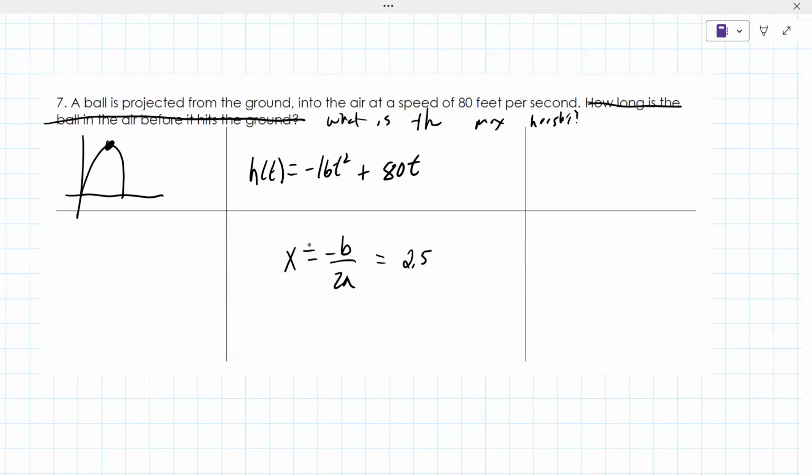I got 100. So 2.5 comma 100 is the vertex. All right, very good. And since this is t comma h, the max height would be 100 feet.